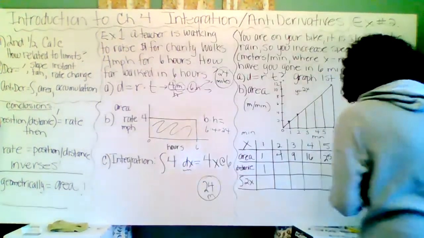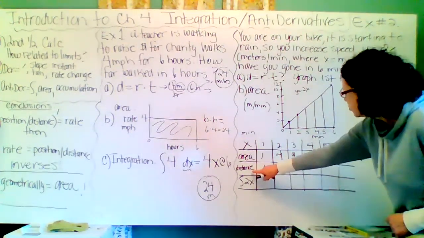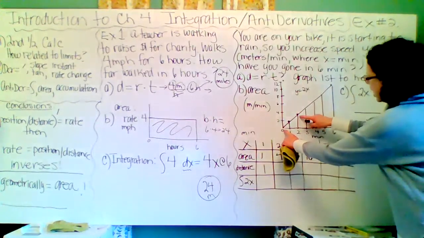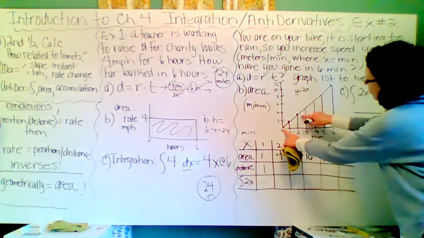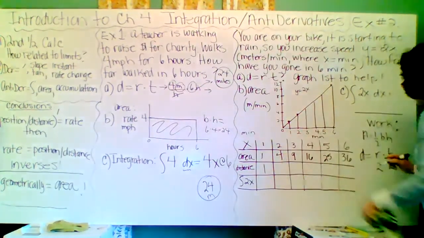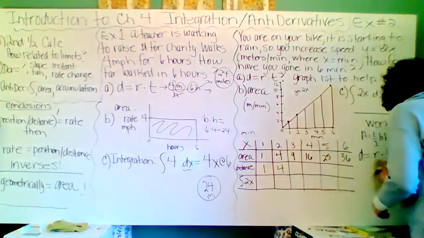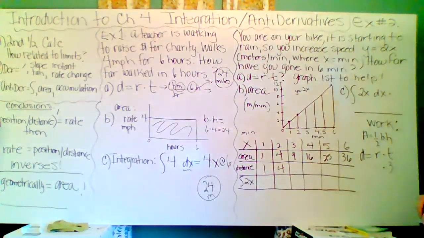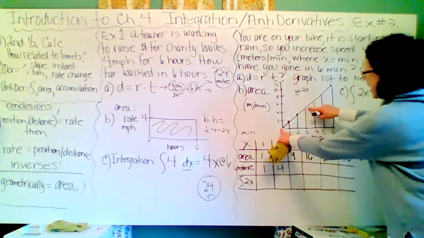Okay, let's go to 2. How far did you go from 0 to 2 minutes? I did that for 2 minutes. My rate was 0 at the beginning, 4 at the end. The average is 2. 2 times 2 is 4. How far did you go in 3 minutes? 0 at the beginning, 6 at the end.